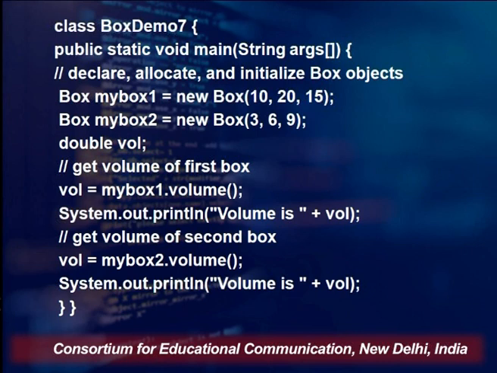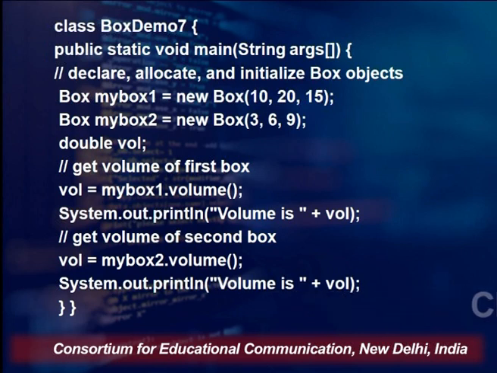So here, let's say we name the class BoxDemo7, and we have the main function, public static void main. Now I want to declare 2 different objects, one with dimensions 10, 20, 15 and another with dimensions 3, 6, 9.